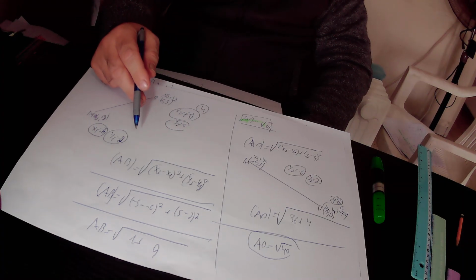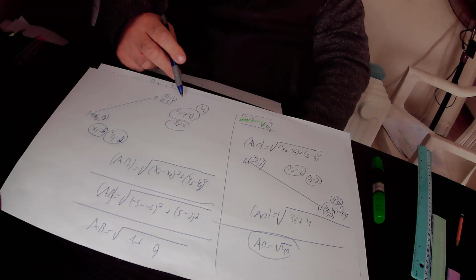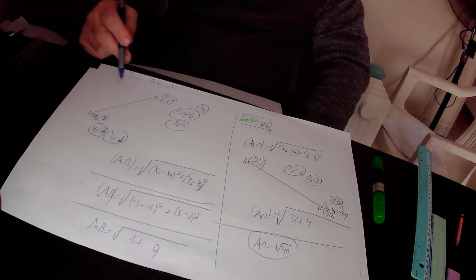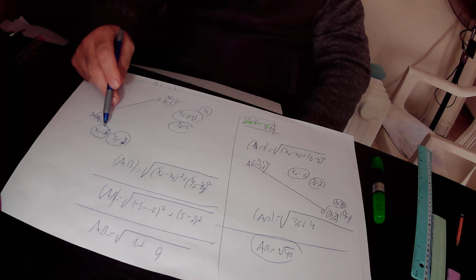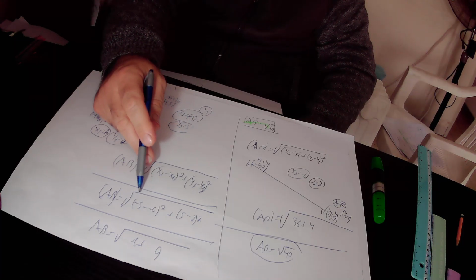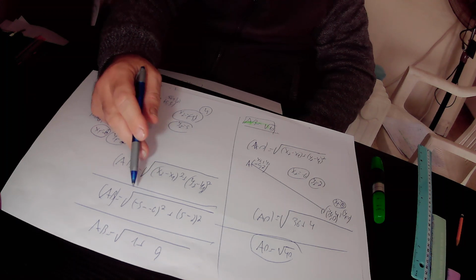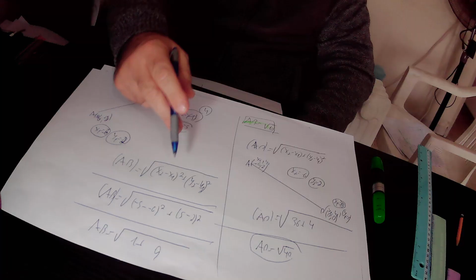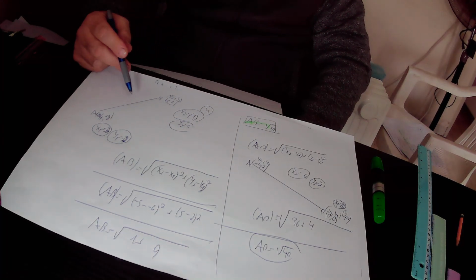So AB equals the square root of x2 minus x1: x2 is minus 5, minus x1, that is minus 6. So minus 5 minus minus 6 is minus 5 plus 6, which is 1, and 1 square is 1. So this expression equals 1, and we have plus y2 minus y1 square.